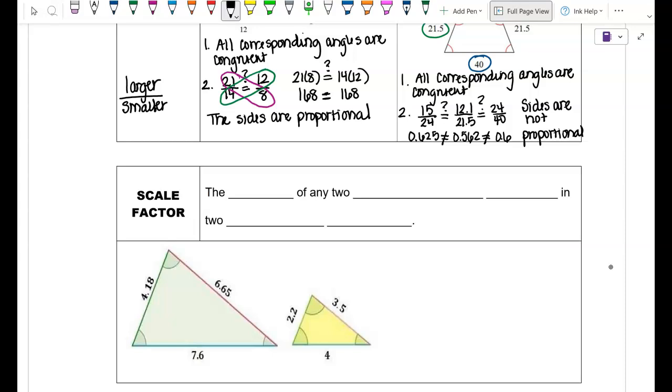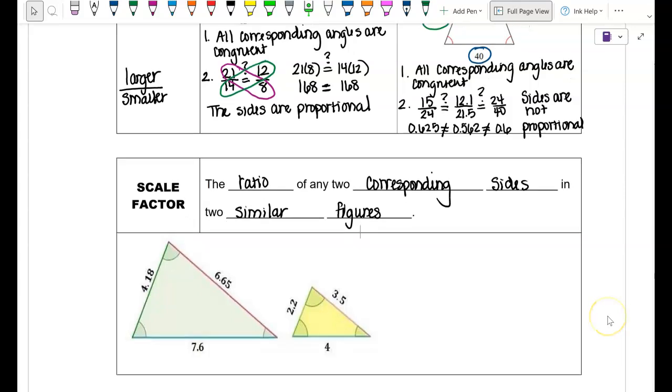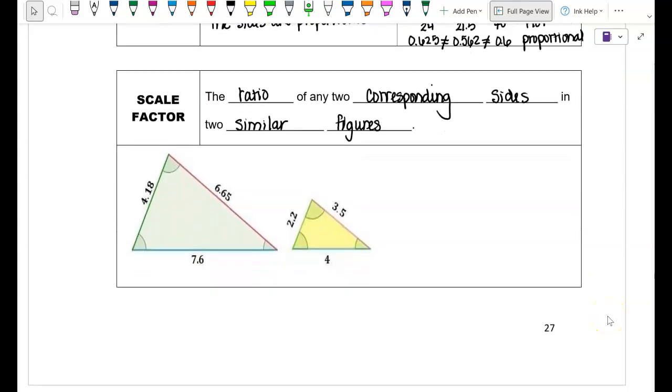Scale factor is the ratio of any two corresponding sides in similar figures. So the scale factor is really what measures one figure to the next to determine that they are proportional.